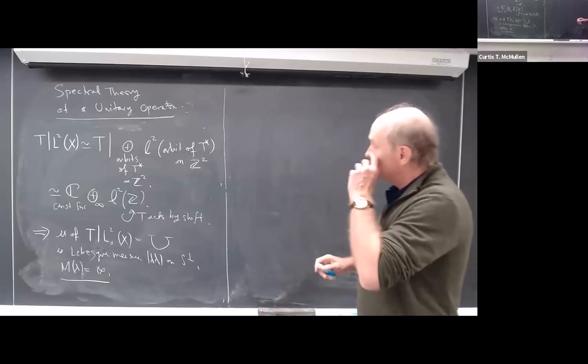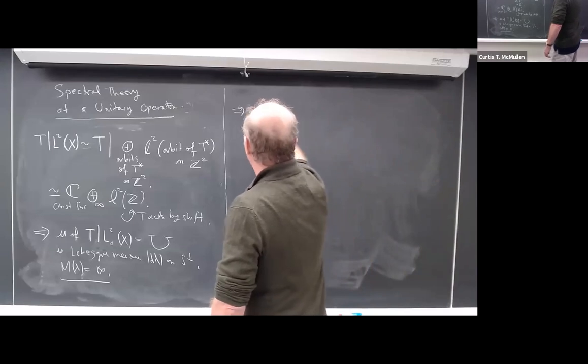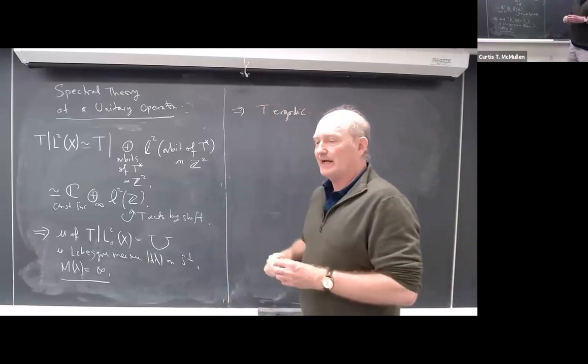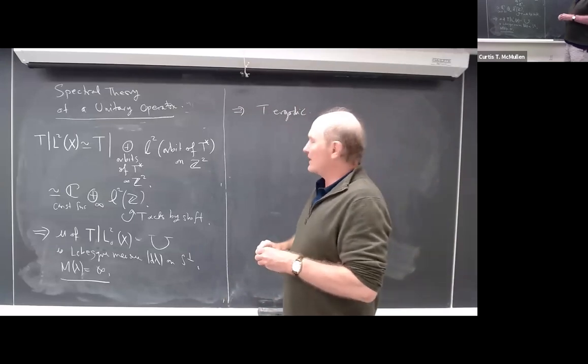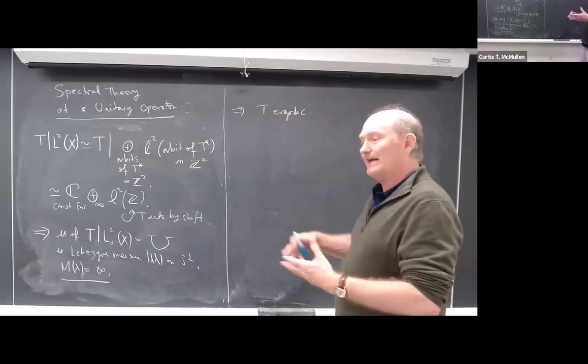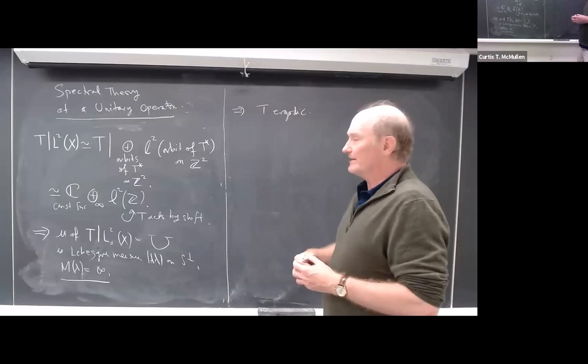Okay, so as a corollary of this, we have that T is ergodic, as I mentioned. Why is it ergodic? Well, remember, to be ergodic is the same thing as having no non-trivial invariant function.